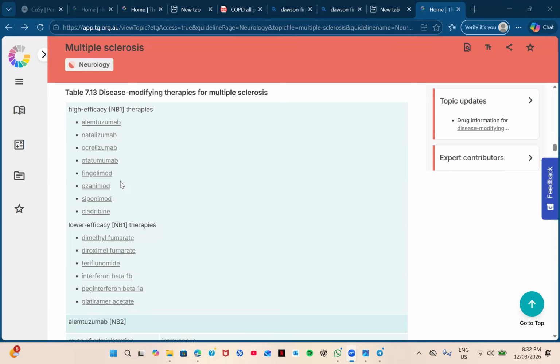So what are the high efficacy drugs? Because in medicine questions they have given both types of drugs, and they are asking the treatment of multiple sclerosis for long-term treatment, or sometimes as an initial treatment without giving an acute scenario. They can ask as the first line treatment. In that case, what can you choose, high efficacy or low efficacy drugs, doctors?